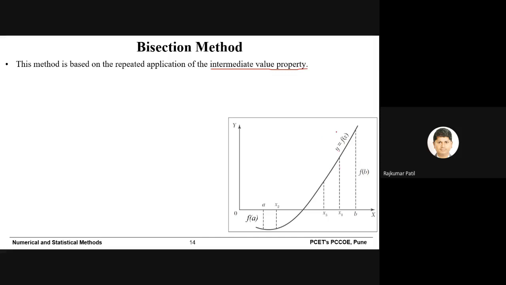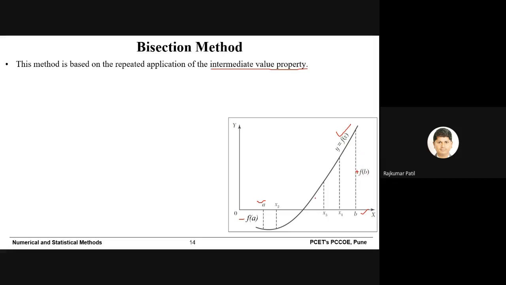Briefly, let's say y is a function f of x, and you know two initial approximations a and b. Here you can see that f of a will have a negative sign. That is, when you put a in the function f of x, you get a negative f of a, and when you put b into the function, you get a positive f of b.